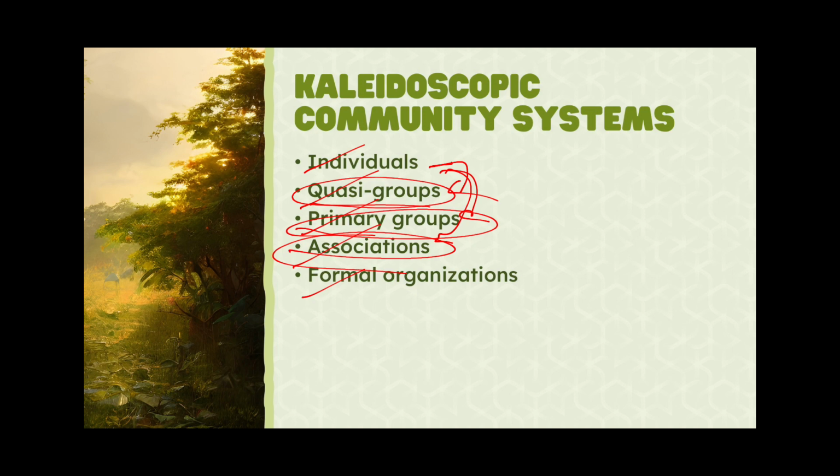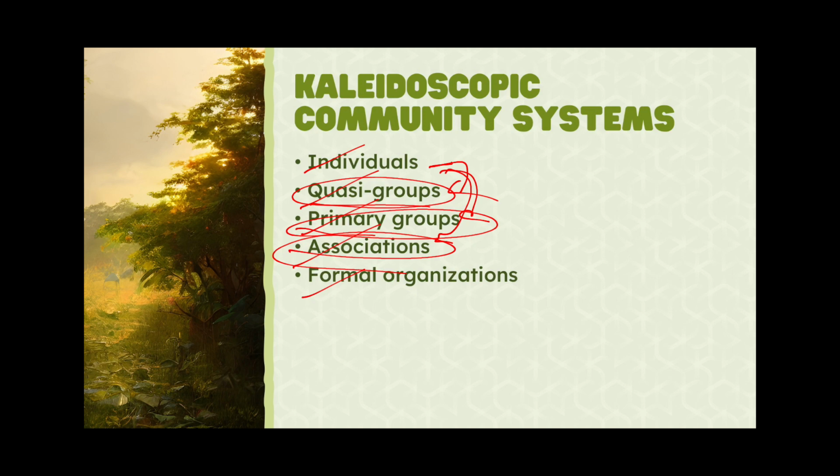Like for example, you have your youth associations, you have the association of fisher folks in the community. You may have an association of women in the community. You have an association of nagbebenta ng mga bagay-bagay sa palengke. So these are larger, a little bit more organized. What is different between primary groups and associations is that primary groups are less contingent than quasi groups, but they are still very informal in general.